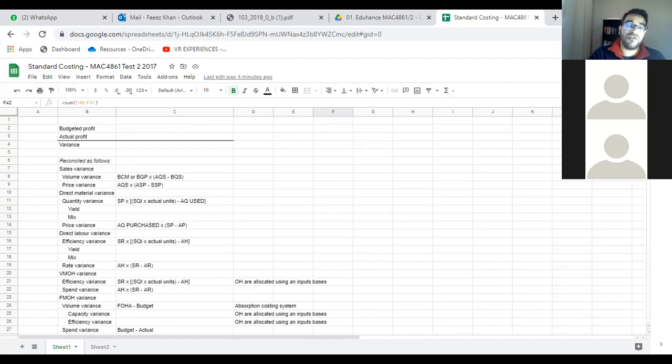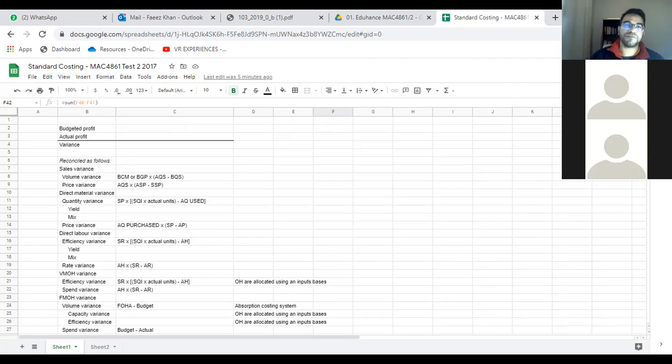Costs can be broken down to fixed and variable. So we will have sales, production costs, and non-production costs, but you can ignore non-production costs. So it is sales and production costs. So we'll have a sales variance and a production variance. But what are our production variances? It is direct material, direct labor, variable manufacturing overheads, fixed manufacturing overheads.